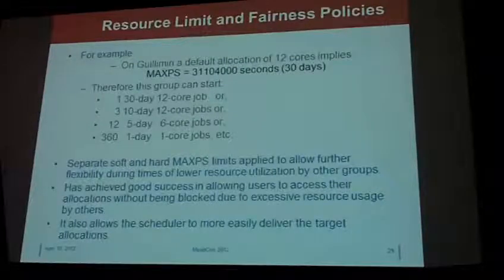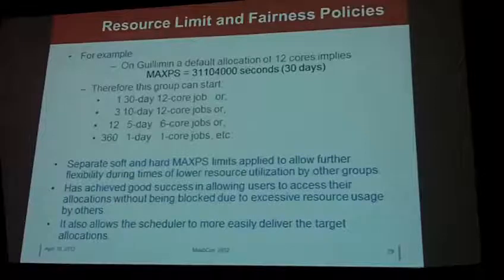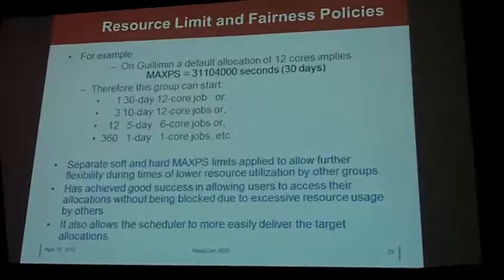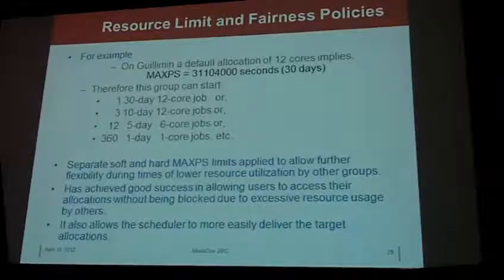For example, our default allocation of say 12 cores on the system represents this amount of max PS seconds. So the group can run a single 30-day job on 12 cores, or they can divide it up into smaller chunks of shorter duration, whether it's 30 10-day jobs, 12 5-day jobs with a different number of cores, or if they go to the extreme of single core, single day running, they can run again much larger amounts.